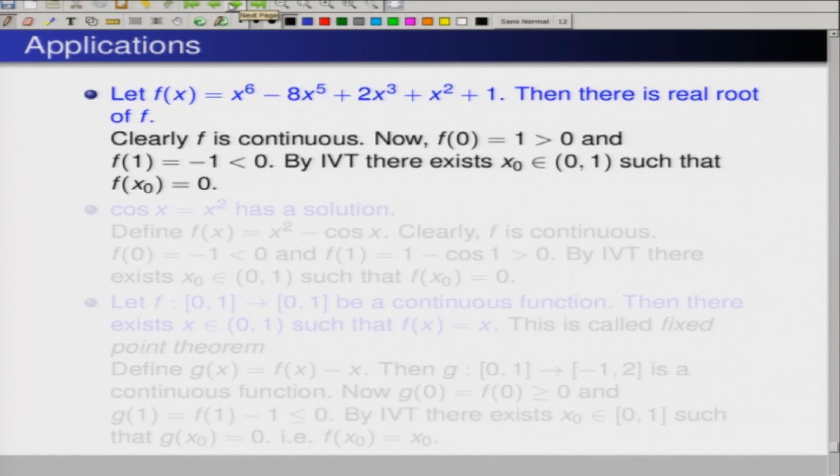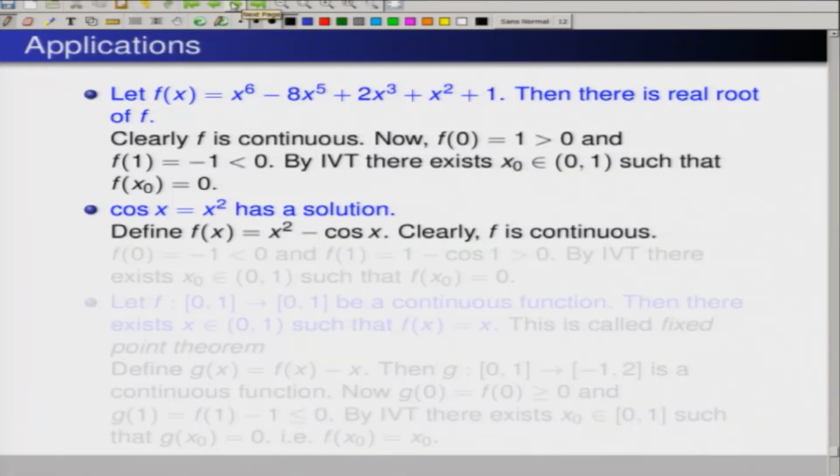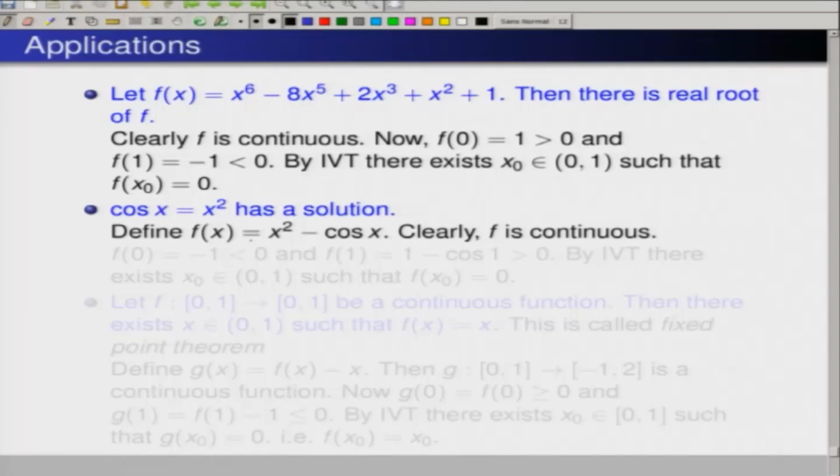Similarly, look at cos x equal to x square. Does it have a solution on the real line? If you sketch the curve, you are going to see that it actually crosses at some point. And analytically you can prove that. You consider the function f of x equal to x square minus cos x.